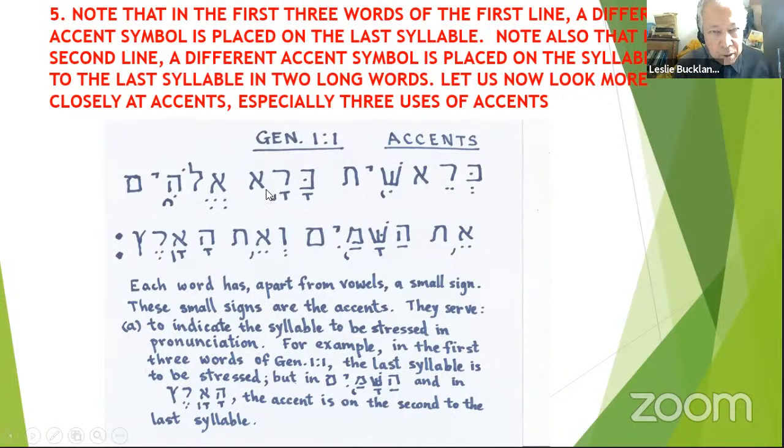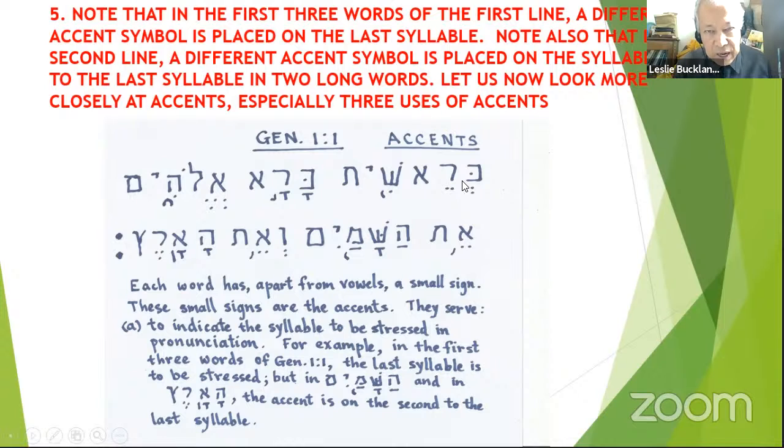Bereshith, bara, Elohim. 1, 2, 3. 3 words. Now here are the different shapes of the accents. Here is one of the shapes where the arrow is pointing. Here is another shape where the arrow is pointing, and another shape. In each word, there was a different shape. Each of them represents an accent. And notice which syllable they are placed in.